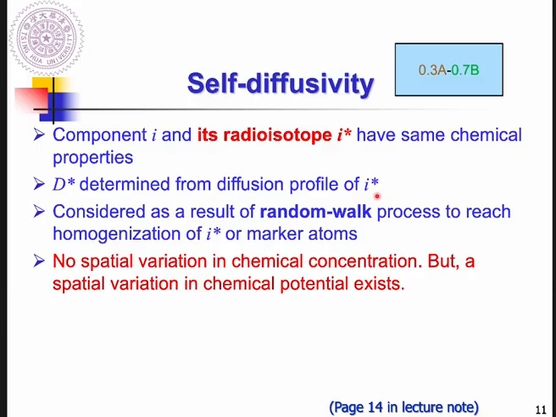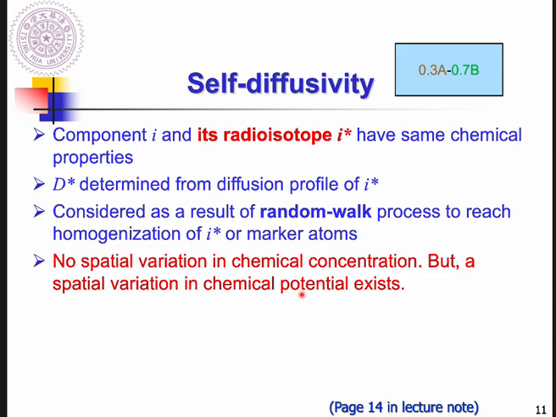Although there's no spatial variation in chemical concentration, we do have a spatial variation in chemical potential. What does this mean? Even though you use the radioisotope A star to replace part of A, they still have a chemical potential difference, because the chemical potential of A and A star will for sure be different.